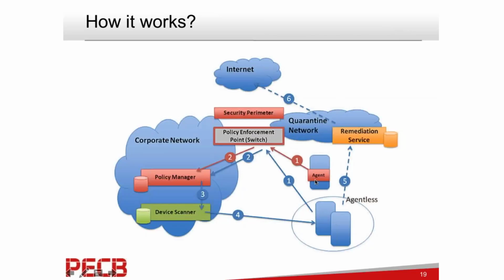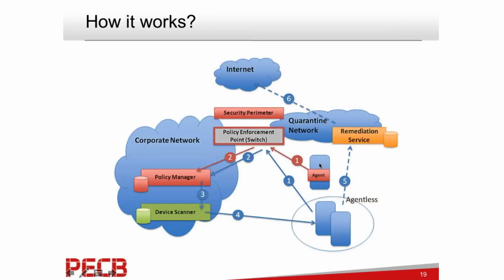Let's assume we have an agent-based device, owned by a legitimate user. The user is trying to access the corporate network, so it will be connected through a policy enforcement point, a switch or a controller, which will check the policy and see how it is allowed to be accessed.